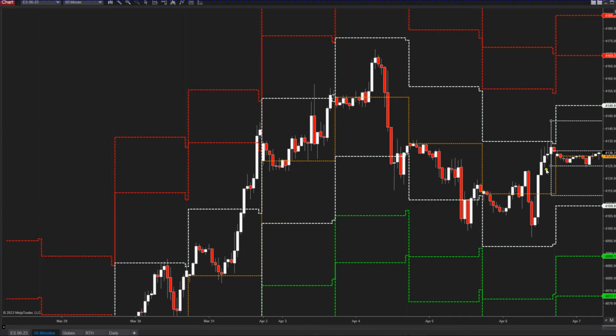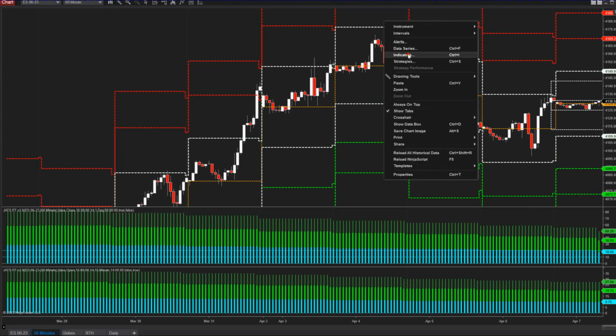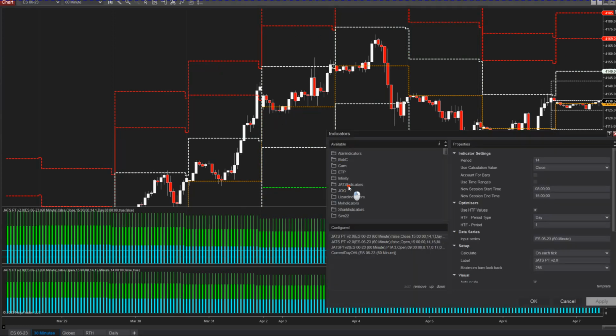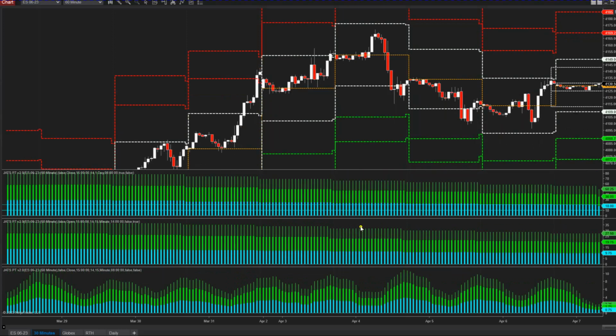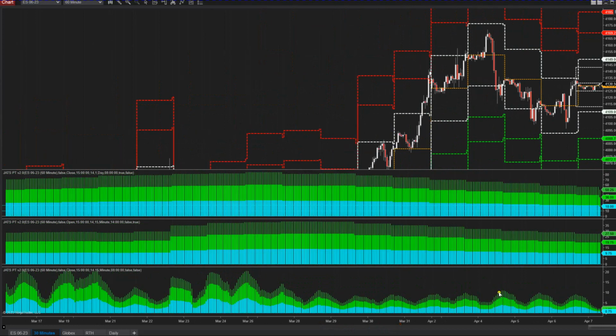So now that I have my range box, I know that if it gets above that area, I will be wanting to see this volatility slope be going long. So let me put another instance of PT2 without anything on it so we can see that slope. As in prior days, we would want to see that slope expand to the upside for the range to expand.